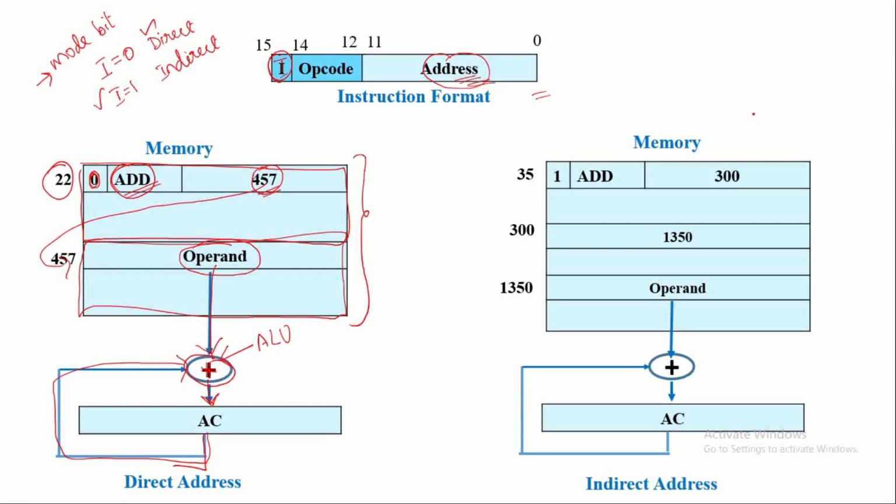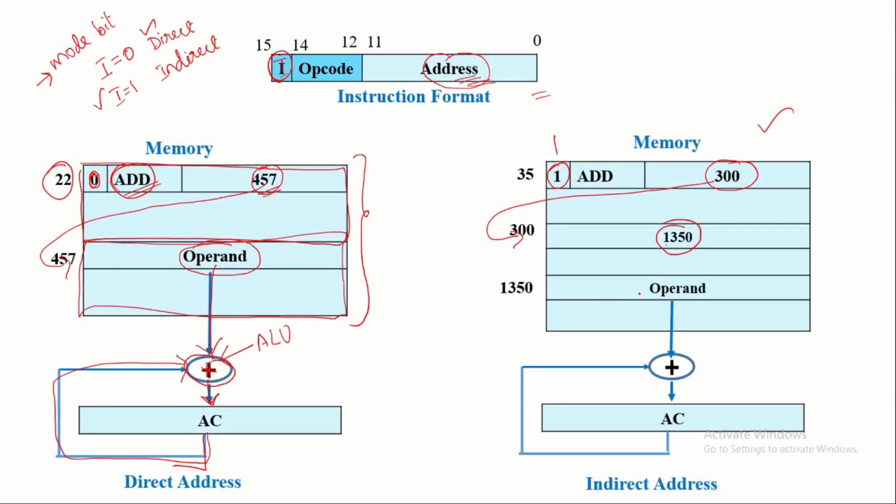Whereas coming to this example, the instruction contains 1 in the I bit. So it means that the address part of the instruction contains the address of the effective address of the operand.